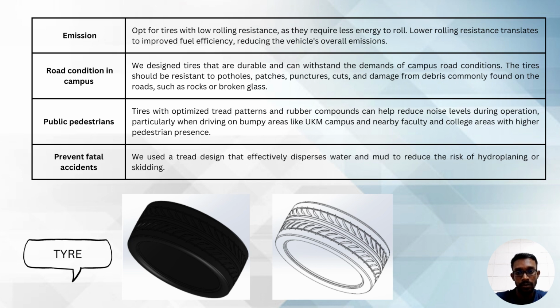Thirdly, we are going to look at public pedestrians. So a tire with optimized tread pattern and rubber compound can help reduce noise level during operation. Fourth, we are going to look at how to prevent fatal accidents. So we use a tread design that effectively disperses water and mud to reduce the risk of hydroplaning and skidding.